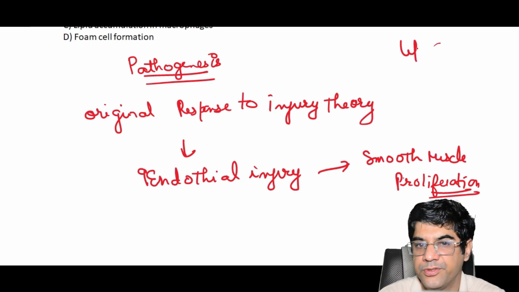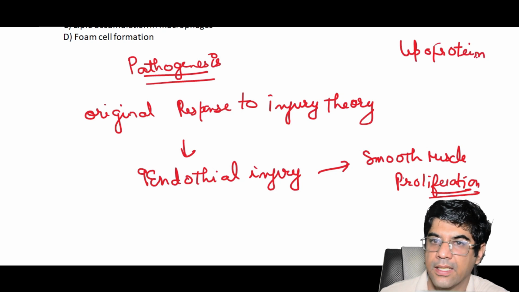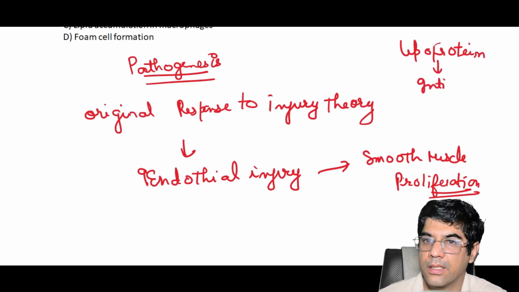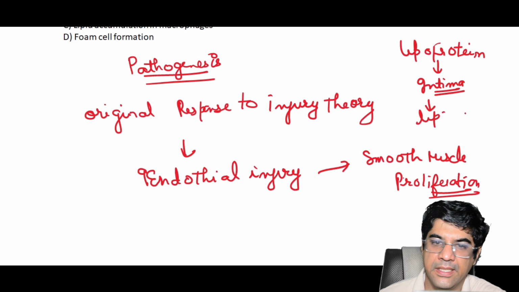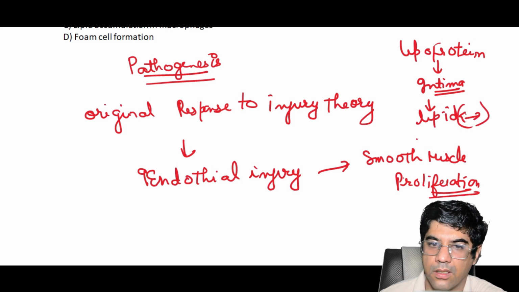The modified response to injury hypothesis implicated that the lipoprotein enters into the intima layer as the initial event, followed by lipid accumulation in the macrophages. That is the modified theory.